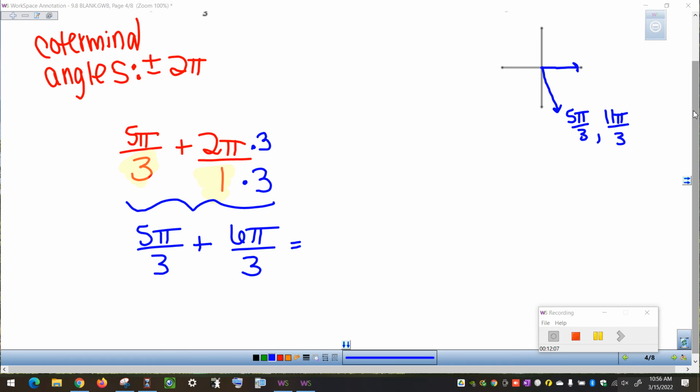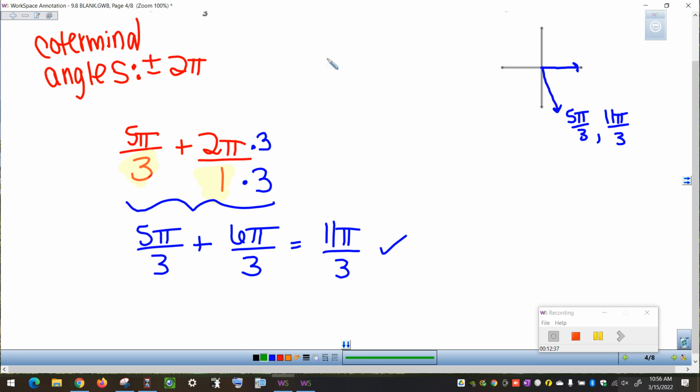Now, when we have our denominators the same, the way that we add fractions is we're just going to add across the numerators, we're going to add across the top, and keep our denominator the same. And that's how we get the coterminal angle of 11 pi over 3 just by doing a calculation.